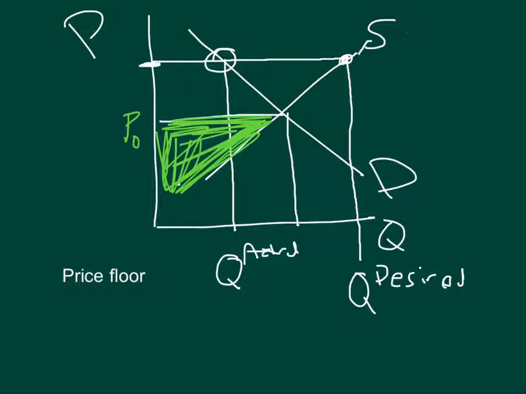The supplier surplus afterwards will switch, and let me switch over here and go to a different color. We will go to teal, I guess, and hopefully get it. And now we again have the area above the supply curve and below the price.